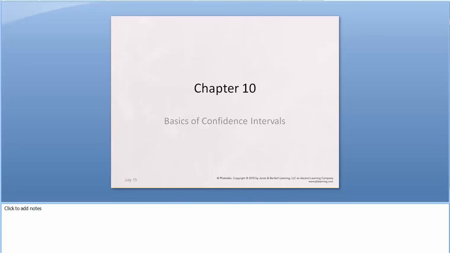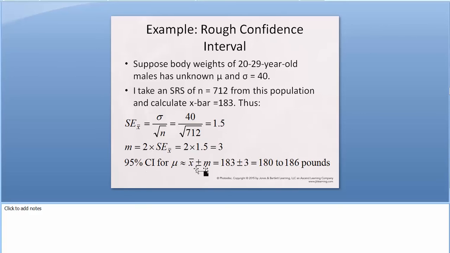We are now in chapter 10, the second topic in statistical inference, construction of confidence intervals. Remember, at the beginning of chapter 9, we said x bar plus or minus m, which will give you this.